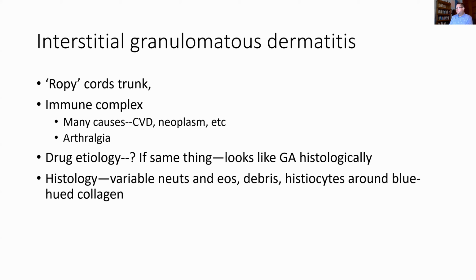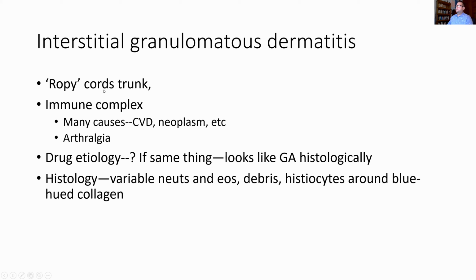So interstitial granulomatous dermatitis, this is a confusing subject also, but it's changed names over time, and I think this is where we've landed. It's not a bad term, but know that it may have some features of granuloma annulare, but there's a really specific clinical presentation, so I think it's best to stick with that.